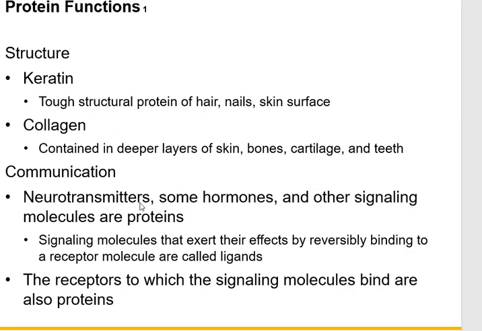We use proteins as neurotransmitters, so they are able to send a message from one nerve to the next nerve, from the brain to the rest of the body, and so on. Some of the proteins act as hormones. So we have steroid hormones that are made out of cholesterol, like estrogen, testosterone, progesterone, hydrocortisone. But then you have other hormones that are proteins, like insulin and thyroid hormone.